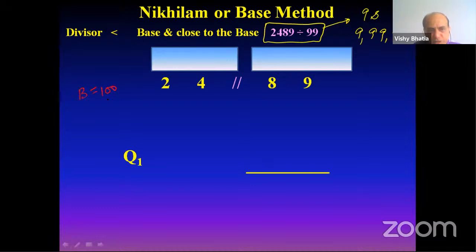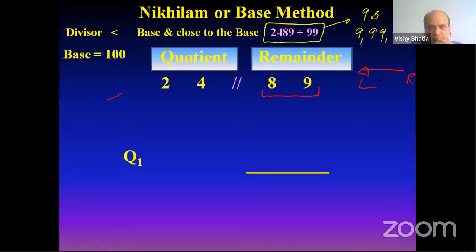How many zeros does 100 have? 2 zeros. Now, when you have 2 zeros, you separate the dividend into 2 digits on the right side for the remainder and the remaining digits on the quotient side, proceeding from right to left.